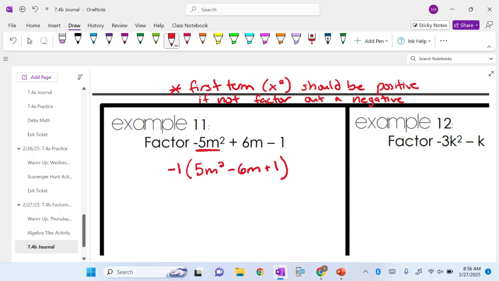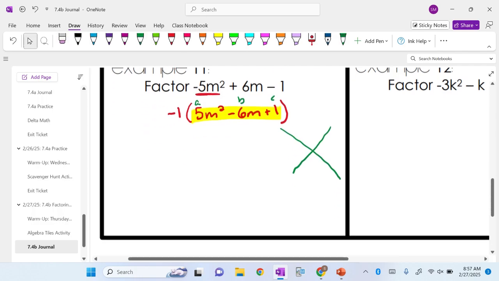All I did was factor out a -1, so I could switch all the signs. You can definitely do that. Now I can just factor what's inside my bubble. Same method, A, B, and C.